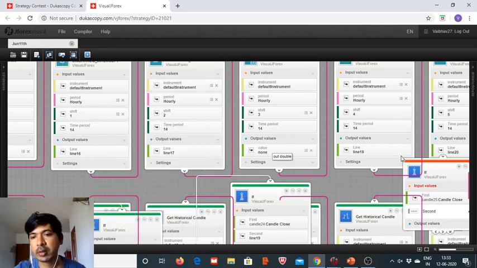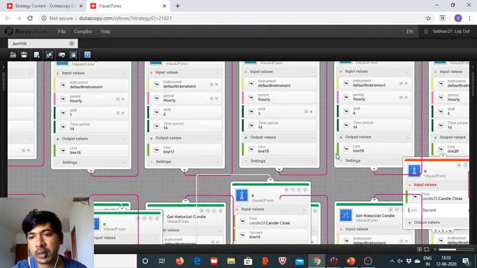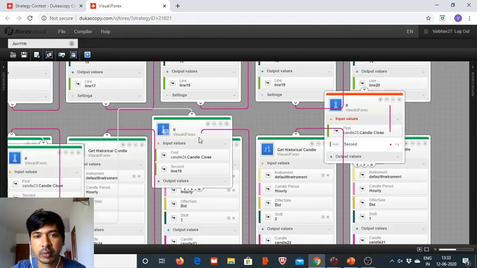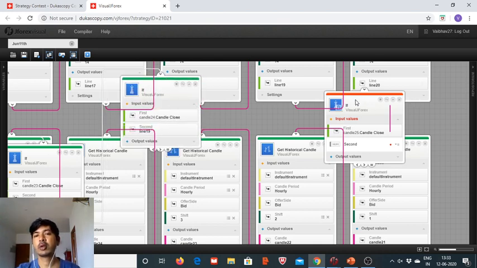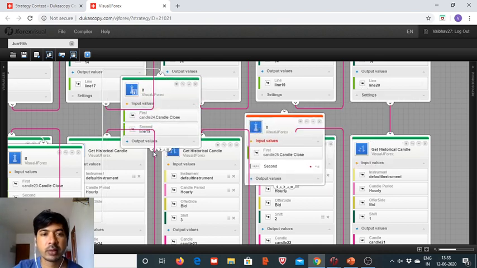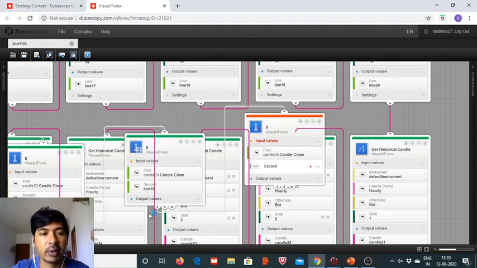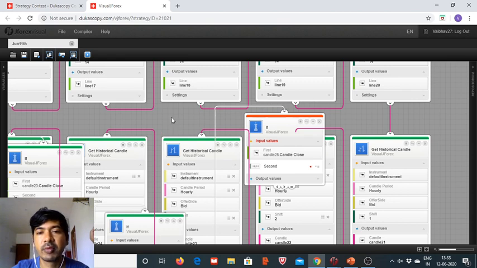and then we will need to compare candle 24's closing level with line 19, and here also it should be less. So here first input less than second input, and candle 25 is not going to be any different.